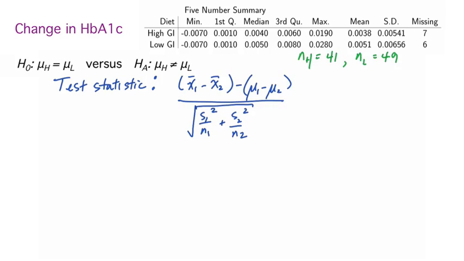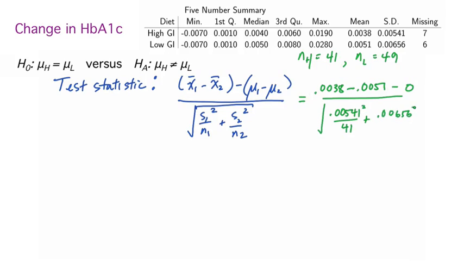So plugging in the mean of the high GI group, 0.0038, and the mean of the low GI group, 0.0051, the difference in the means is 0 since we're assuming that they're equal, and dividing by the square root of the variance of the high GI group divided by its sample size plus the variance of the low GI group divided by its sample size, we get the value of the test statistic, which is about -1. There's lots of round-off error here, so I won't bother giving it more precisely.